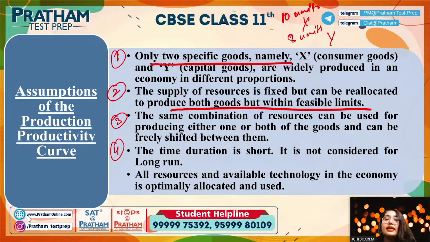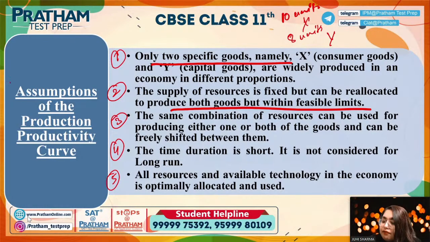And the fifth thing is that technology remains the same. Okay, technological advancement नहीं हो रहा. All the resources and available technology in the environment is optimally allocated and used. Technology remains the same and वो आपकी पूरी तरीके से allocate हो रही है, पूरी तरीके से the technology is being used.